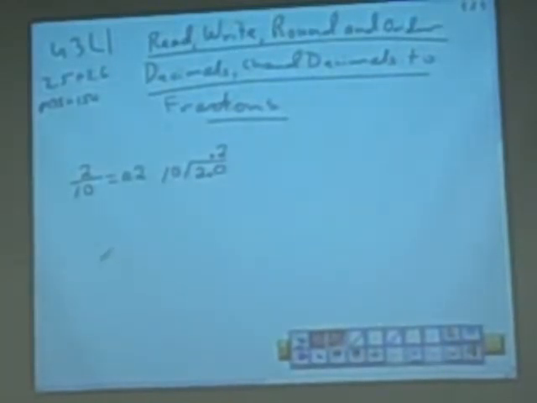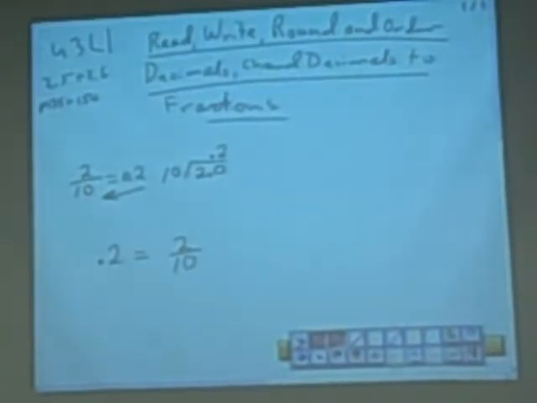So if we have a decimal such as 0.2, we know that's the same thing as 2 over 10. Okay? So we're going basically back the other way.